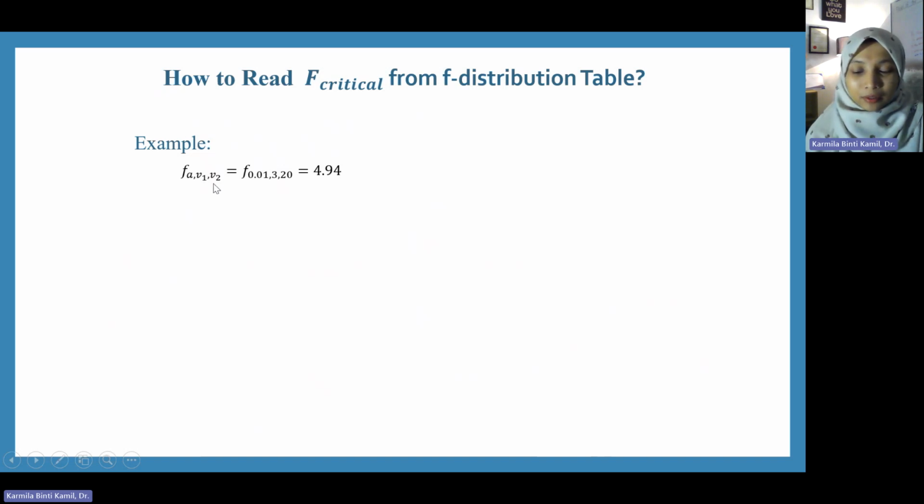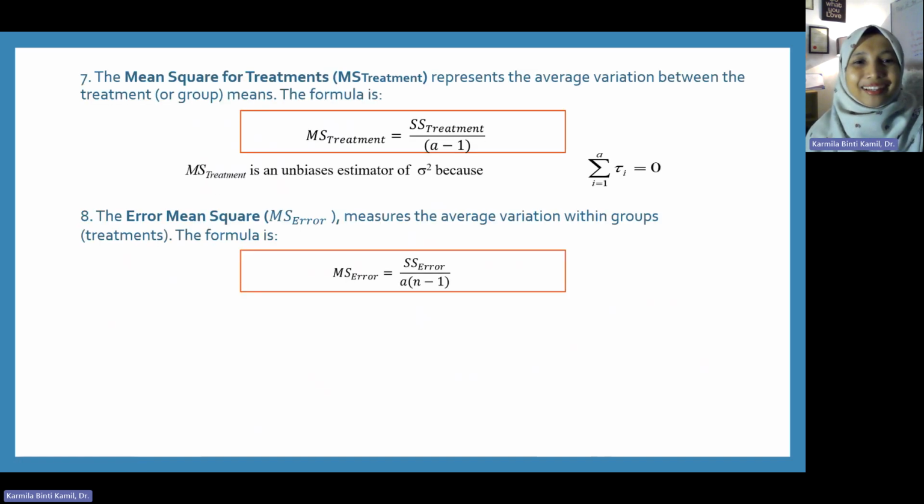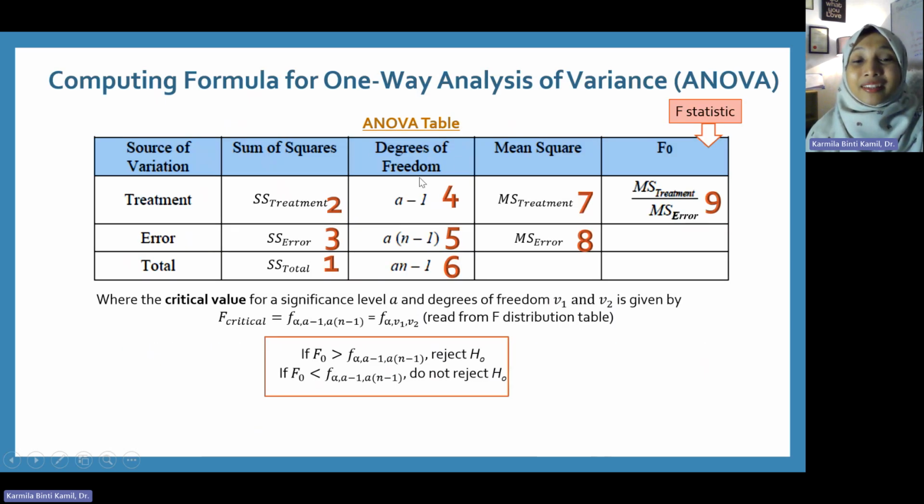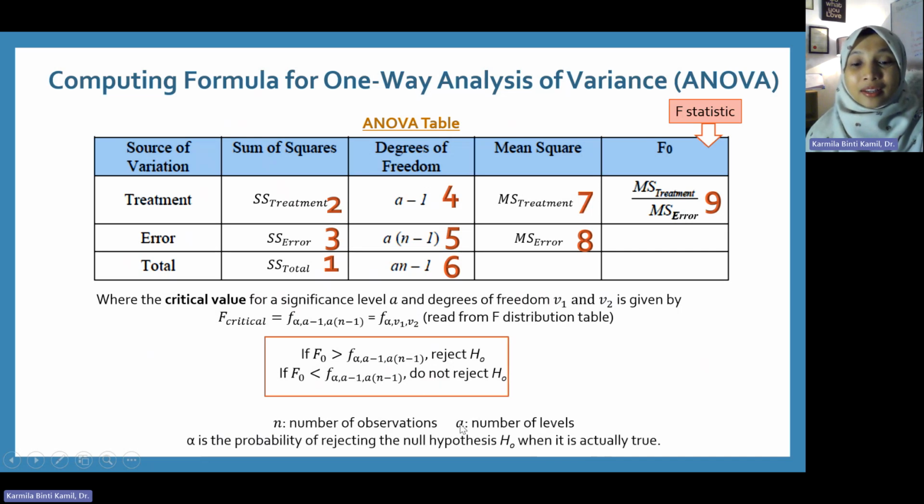Let's look at this table. They are degrees of freedom. Alpha is the probability of rejecting the null hypothesis. So we will substitute the values of alpha and degrees of freedom in the F critical formula, and then we will refer to the F distribution table to find the value of F critical.